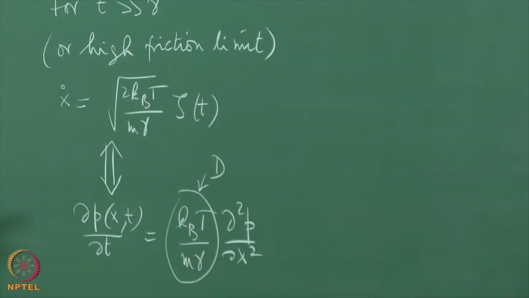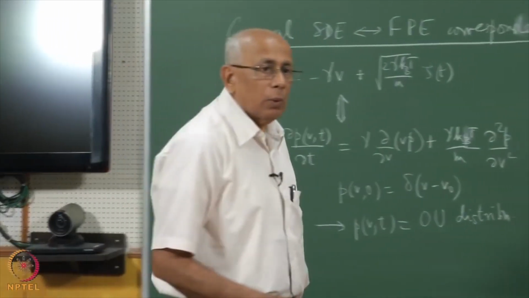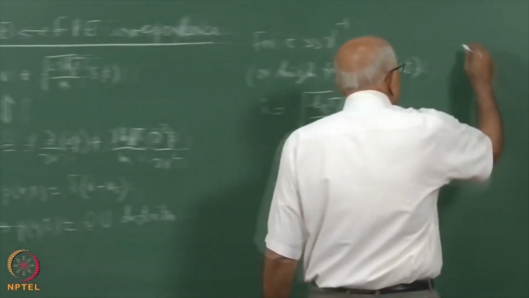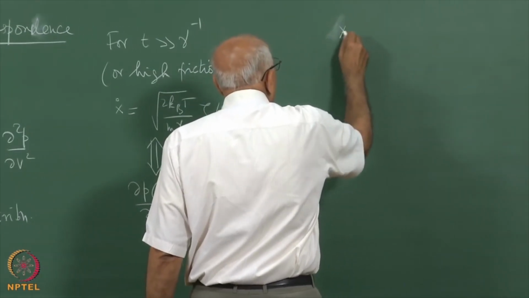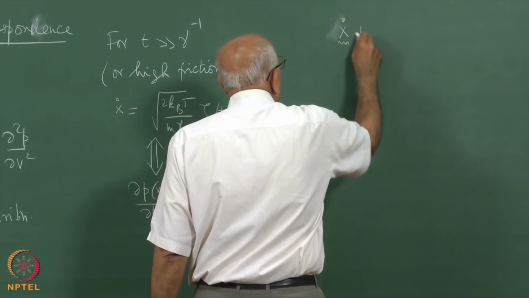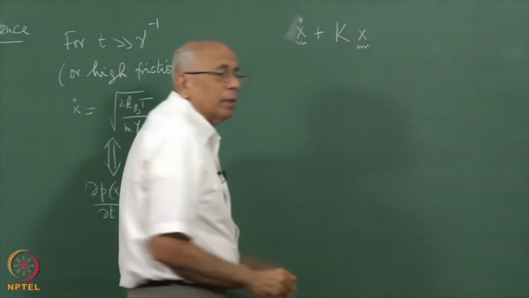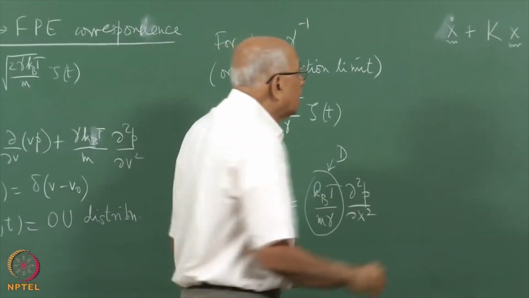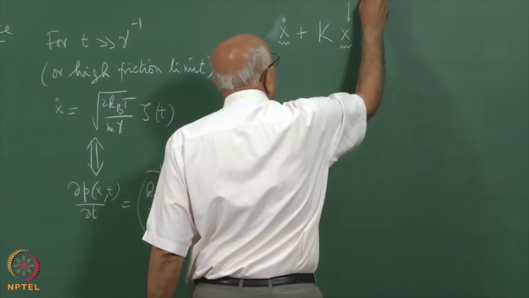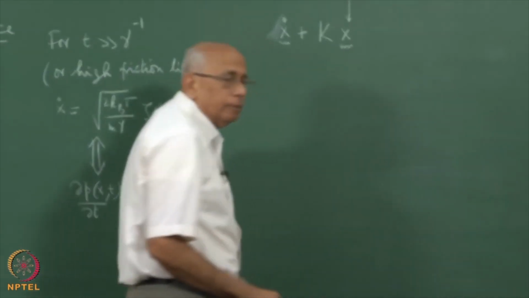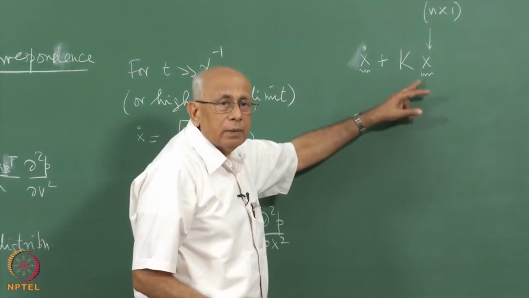So, these are special cases of a more general result which I wrote down, which was that if you have an equation which says x dot plus some matrix times x, this was a higher dimensional process, and this quantity is an n by 1 column vector, and the drift was linear in it.